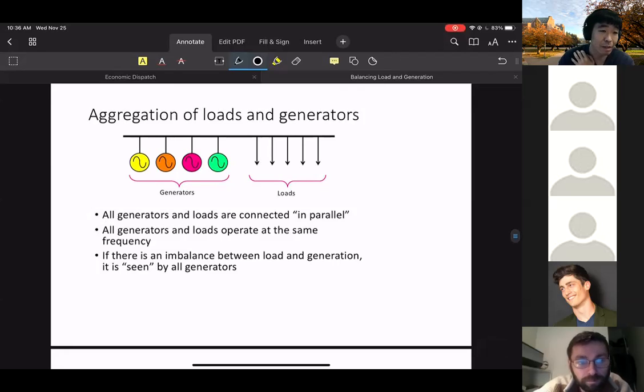Remember, for a power system, it's not only one generator. We almost never have a system where one generator connects to one load. I guess for a ship, that's the system you have, one load, one generator. But for power systems, it's never one load, one generator. There are almost always many generators, many loads.